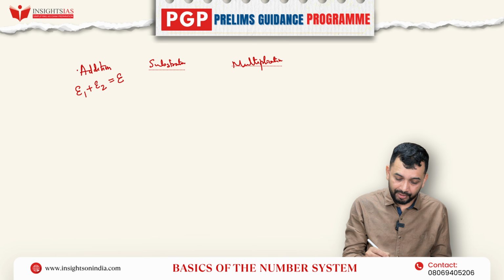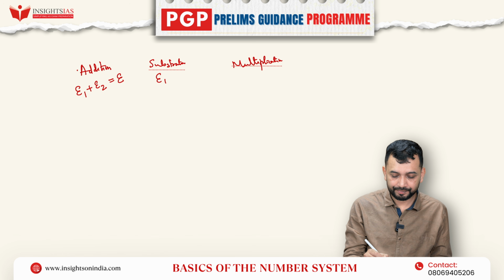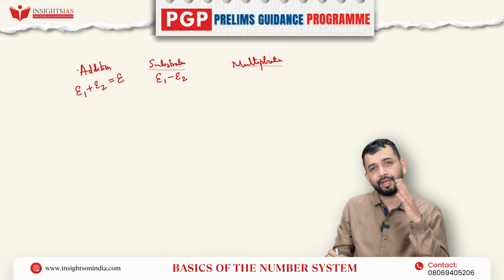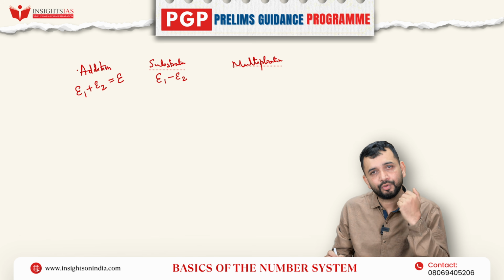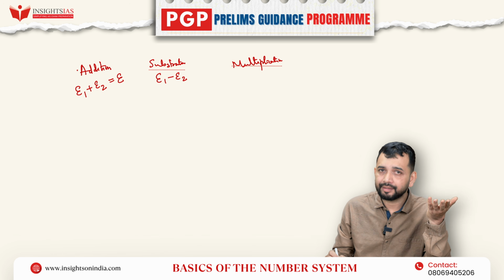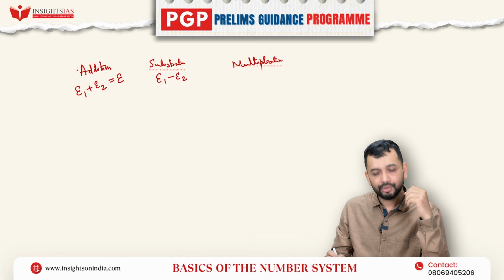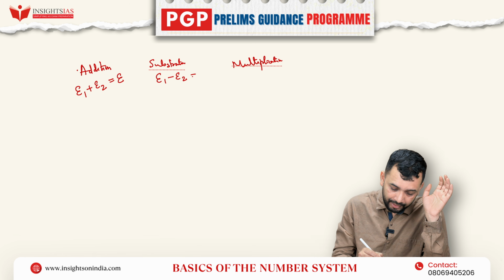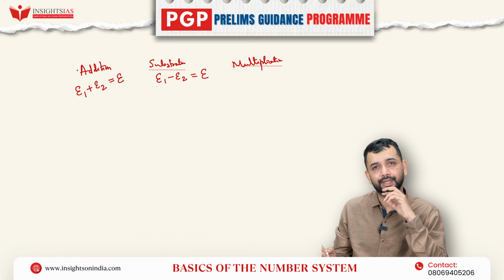Similarly, if I subtract two even numbers, you mentally calculate it. 4 minus 2, answer will be 2. 6 minus 2, answer will be 4. 8 minus 6, answer will be 2. So when you are subtracting two even numbers, answer is also an even number.